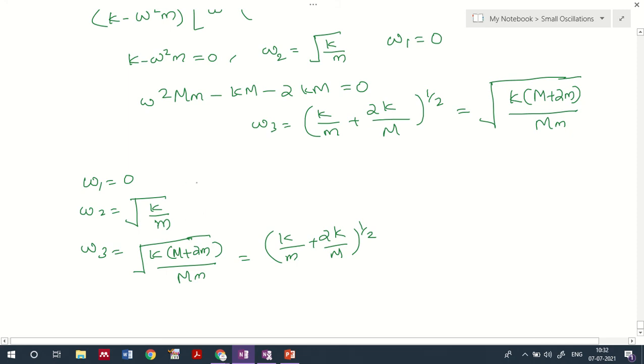If a triatomic molecule is vibrating freely along its own axis, these three we call the normal frequencies of a triatomic molecule.